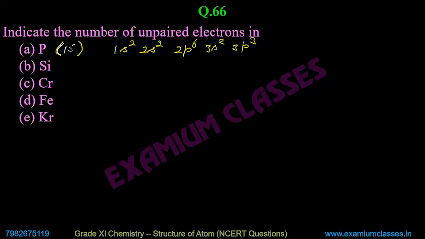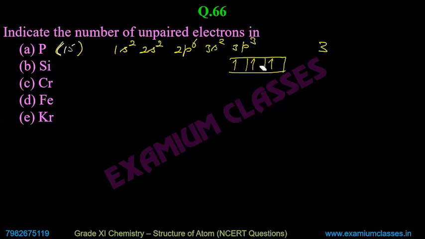So 3p3 has less than the maximum electrons, and as per Hund's rule of maximum multiplicity, each orbital will have 1 electron. Pairing will take place after all orbitals are half filled. It means there will be 3 unpaired electrons in this case.